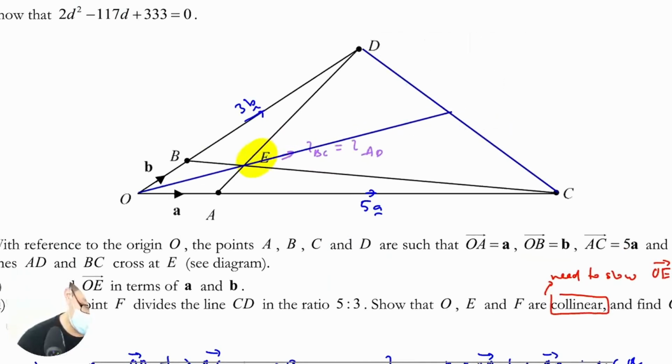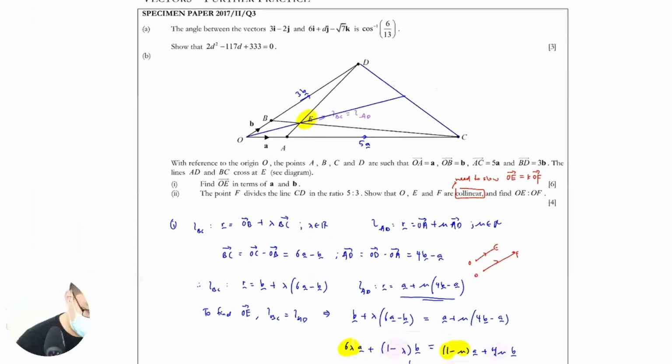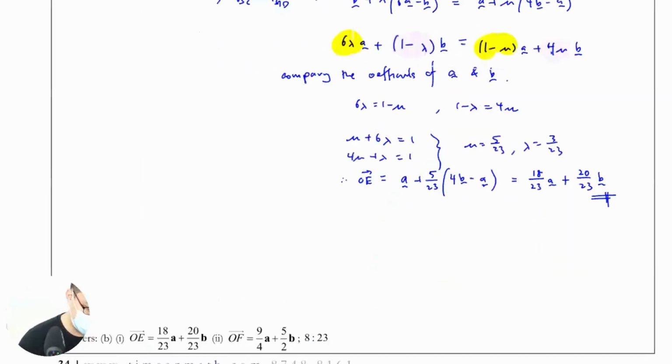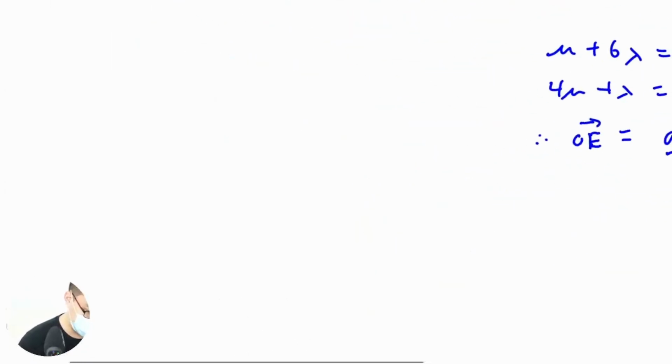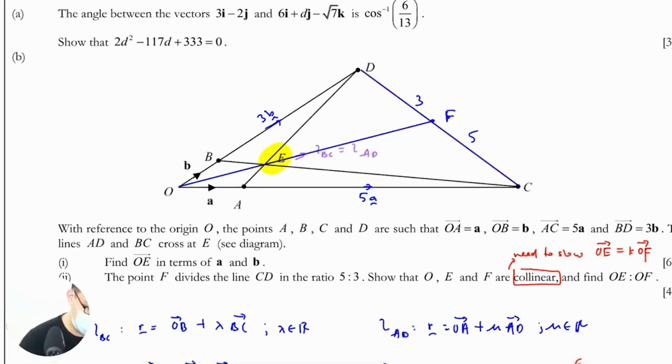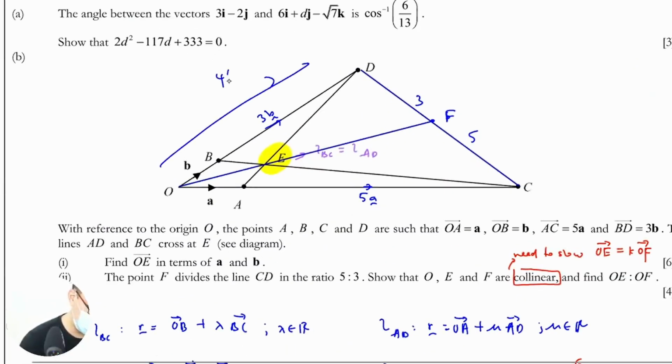It's around here. OF is 5. This is 4, right?